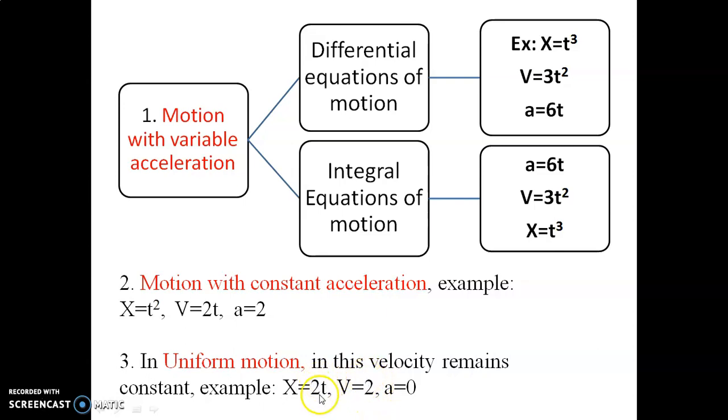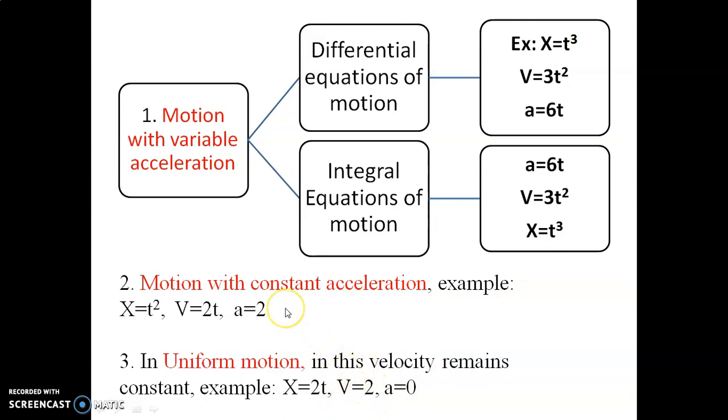If I put different values of time t in the first, second, third equation, it does not affect the acceleration. Acceleration is 0, because whenever there is no change in velocity, there is no acceleration.